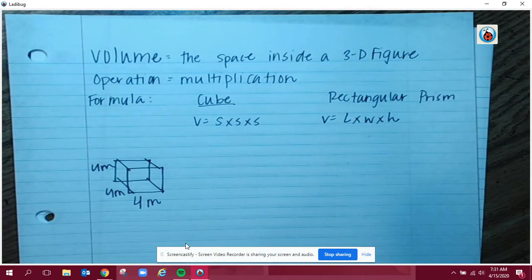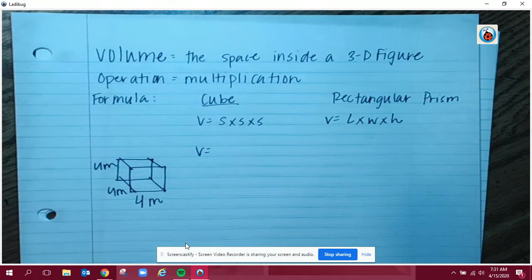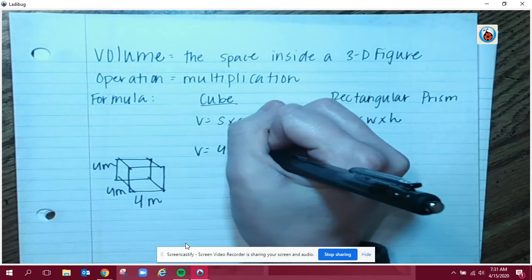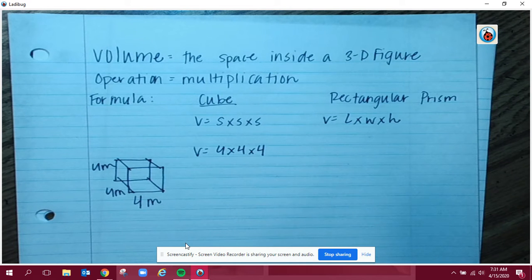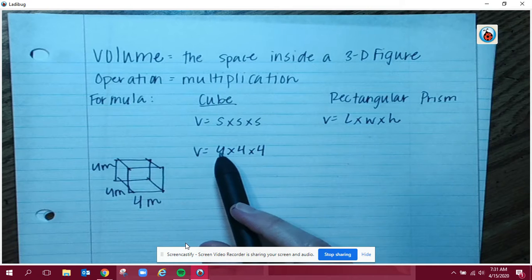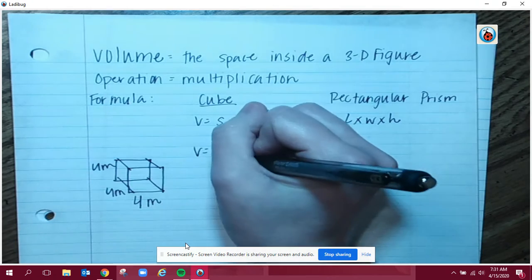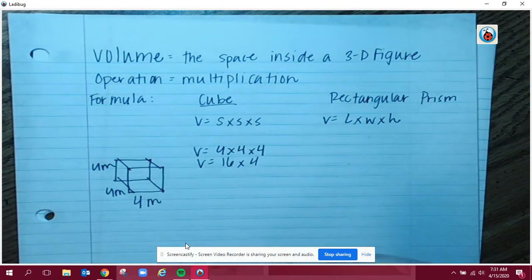So if I'm using my formula, all I'm going to say is volume is equal to 4 times 4 times 4. Just like we talked about with order of operations, you always go from left to right. So we start here with 4 times 4, which is 16, times 4.